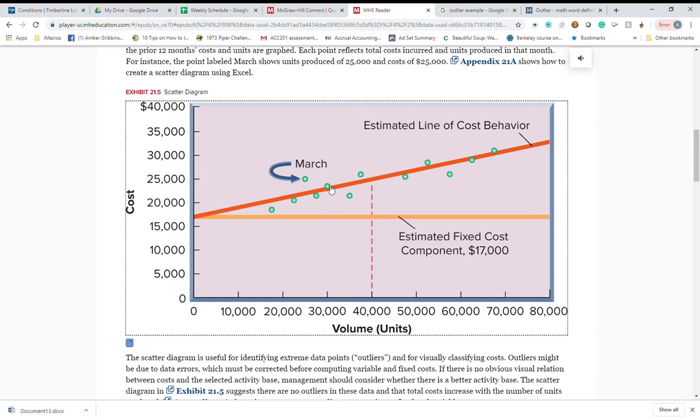And 21,000. This looks like January right here. Oh, and there's another thing. These are not in order. So March is here, January is here. Not sure which one is here. They're kind of all over, right? But you can see based on the plot points that they all kind of stick around this little red line right here. Not completely close, but it's pretty close.